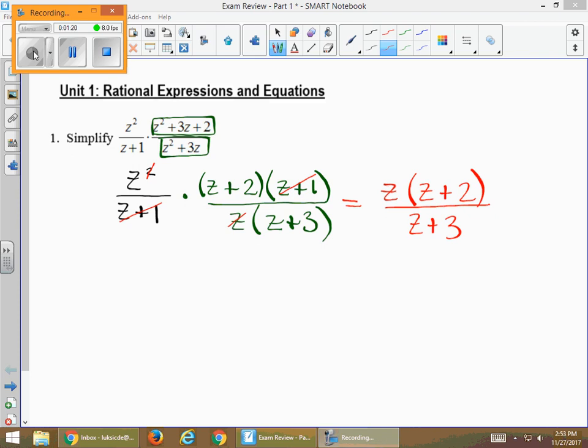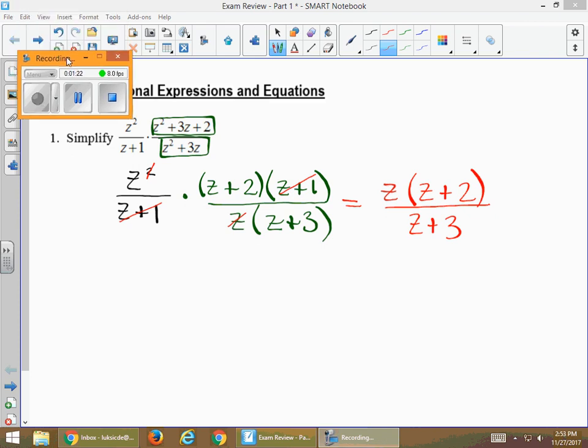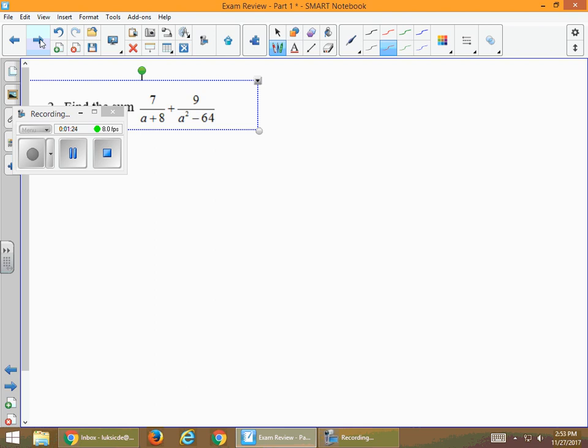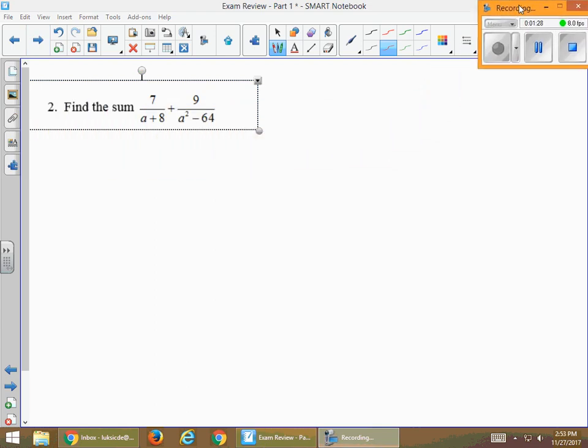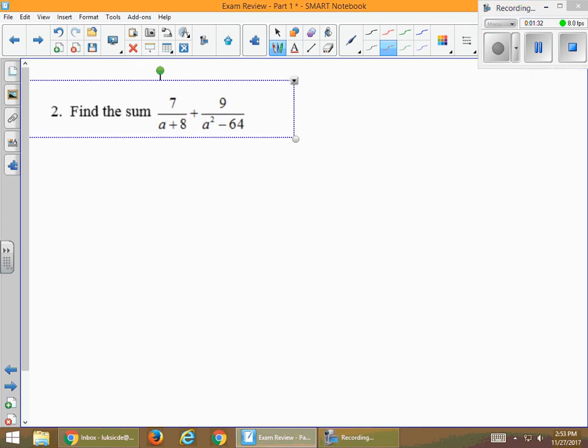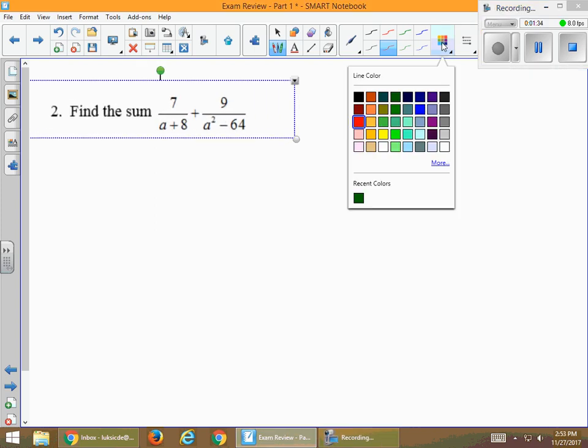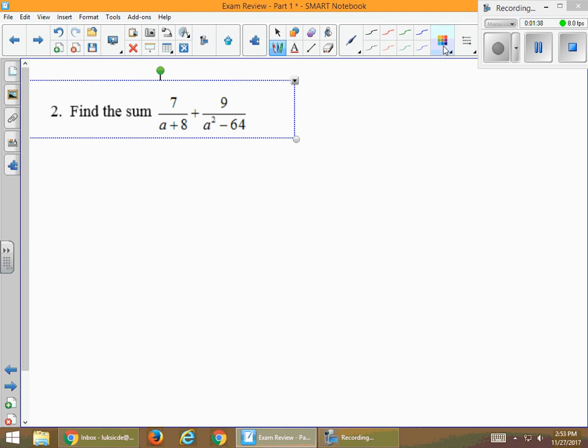All right, moving on to number 2. Get this guy out of the way. In order to find a sum, we need a common denominator, but we always want to try to factor first so that we can do as little work as possible. So our first fraction, nothing factors. We're just going to bring it down.